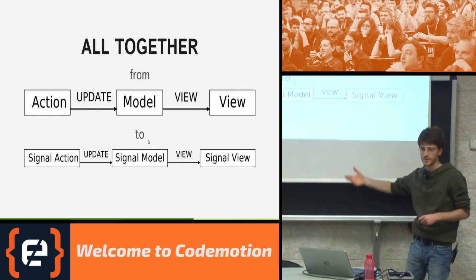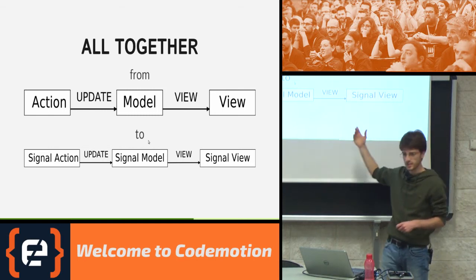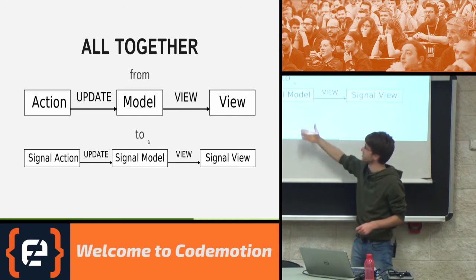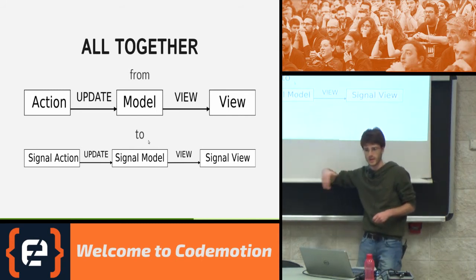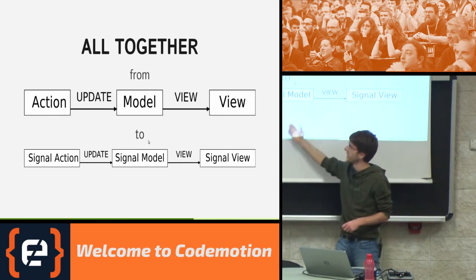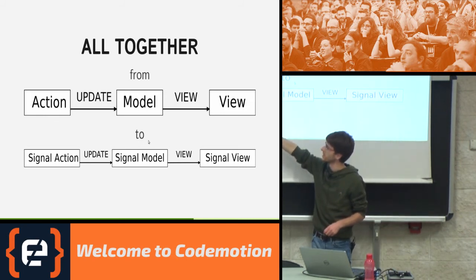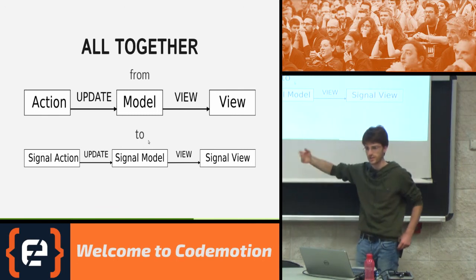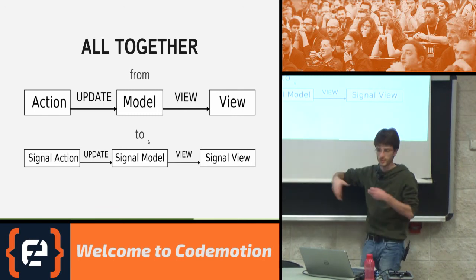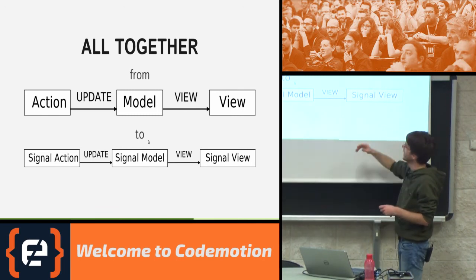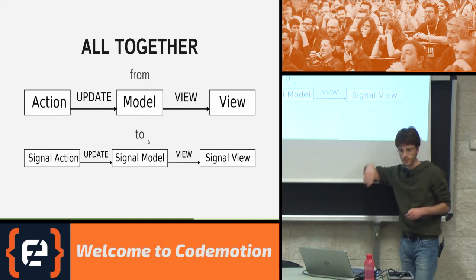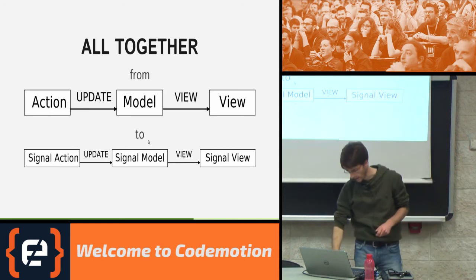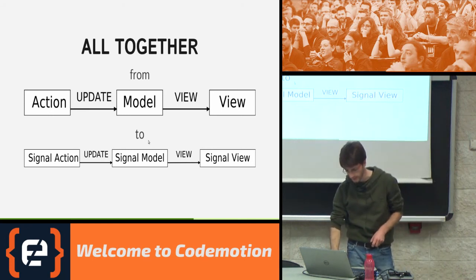We will not see them in our application, but this is how the application works. We have a signal model; you can think of the model as a function of time, how it evolves in time. You give it a signal of actions, actions that arrive through time, and through the view function you update how your view looks.